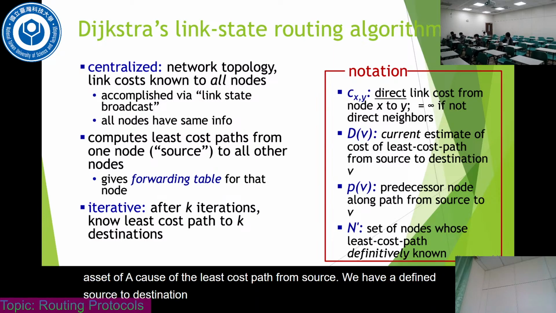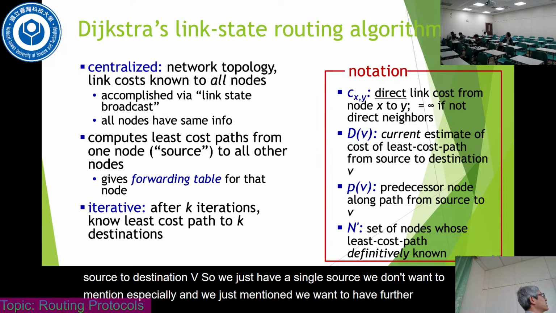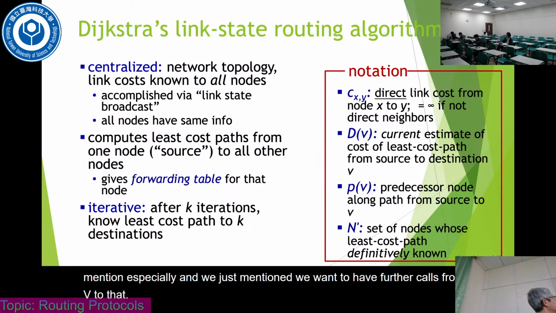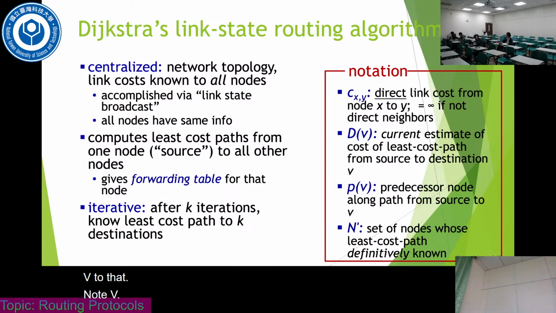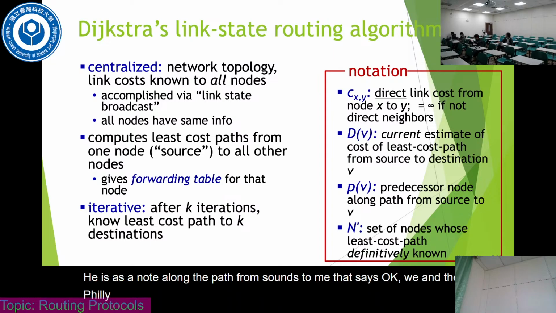We just have a single source, so we don't want to mention it explicitly, and we just mention the cost to that node v. And P(v) is the predecessor node along the path from the source to v. That says, okay, v's previous node is P(v), so it's a predecessor node.